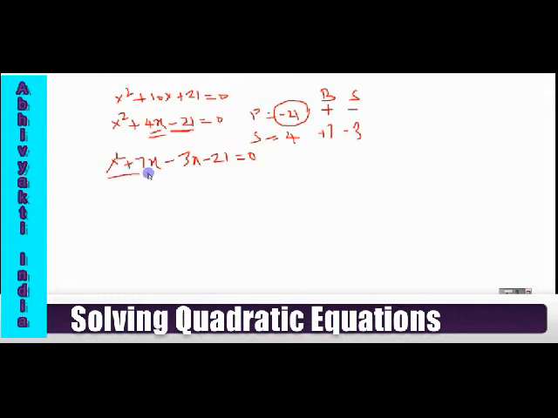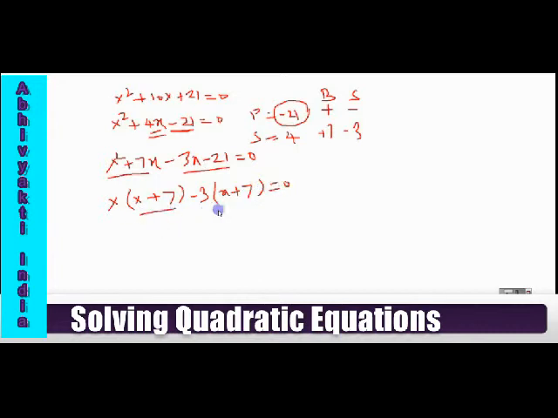From the first two terms, take out the common factor, that is x, so inside the bracket it will be x plus 7. From the next two terms we can take out minus 3 as a common factor, so inside the bracket it will be x plus 7, that is equal to 0.